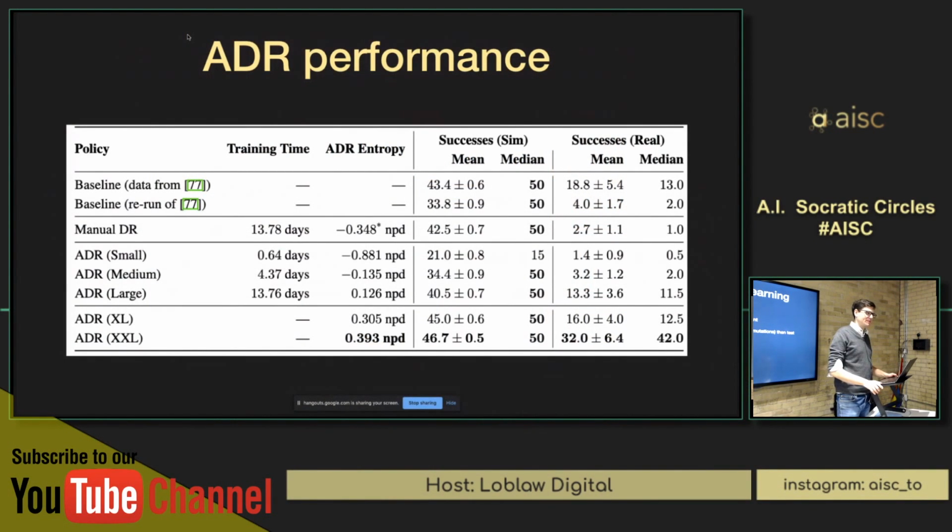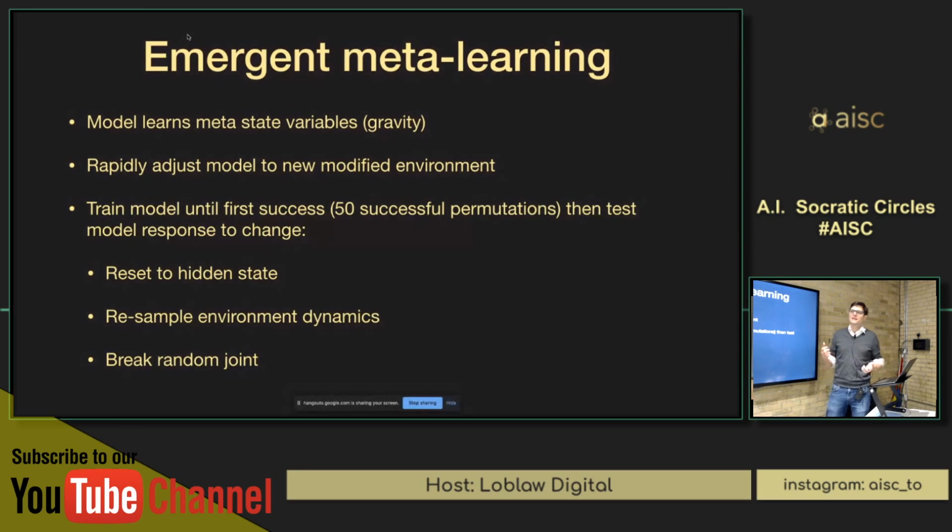And then they did something they called emergent meta learning. What they refer to here is, if you remember, we had the neural network, and the last part was an LSTM, right? The idea is that the hidden state of the LSTM and the hidden state before need to encode something, right? They need to encode the current state of the environment: things like gravity, friction, position, and so on.